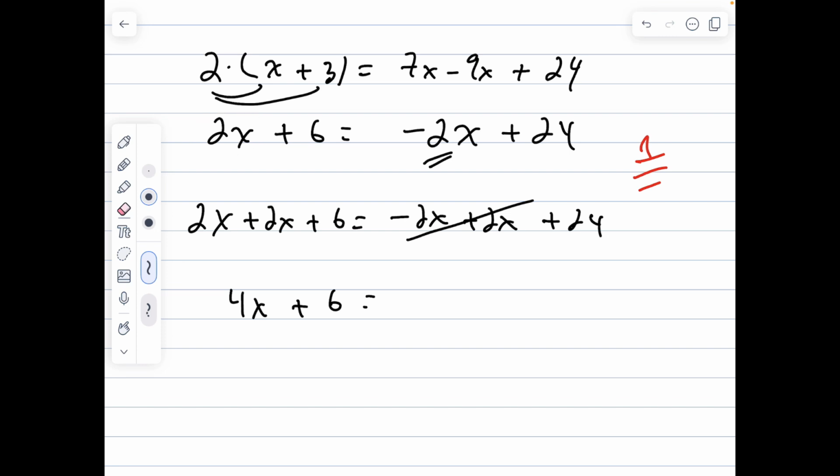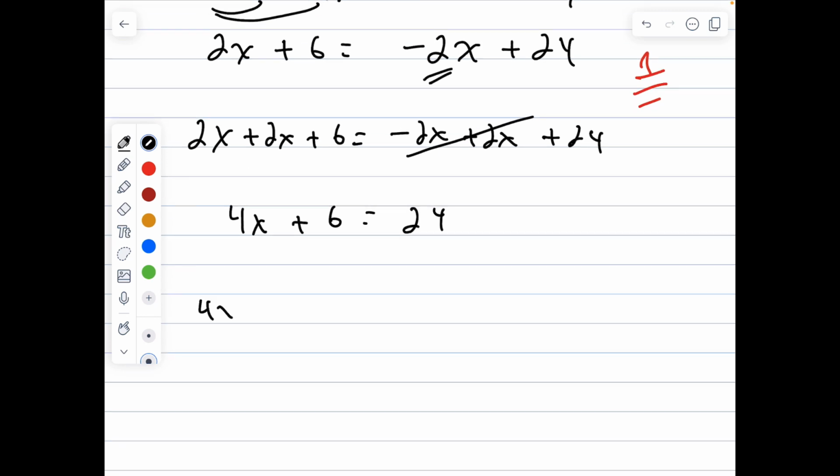It's up to you how you want to do this, but you want to get everything on one side. The way you do that is by doing the opposite operation. Minus 2x plus 2x is canceled. You just have a 24 left.